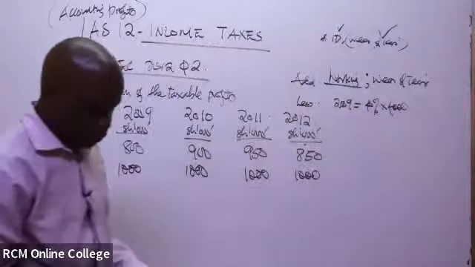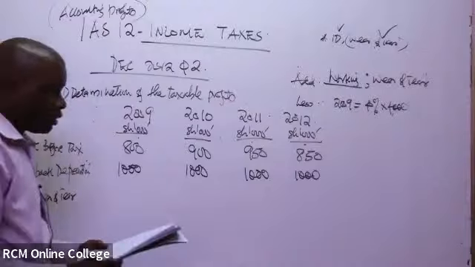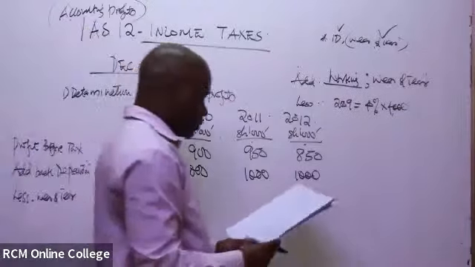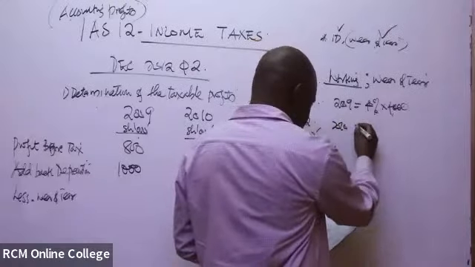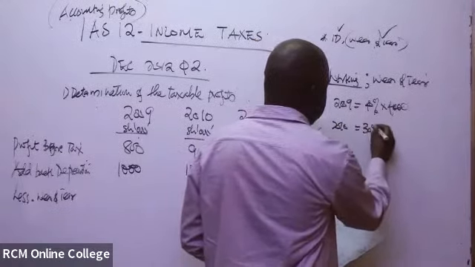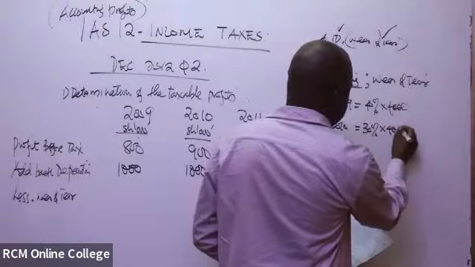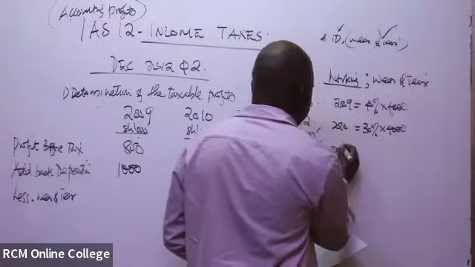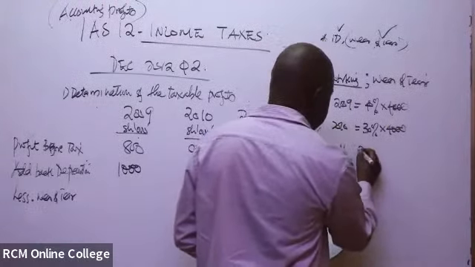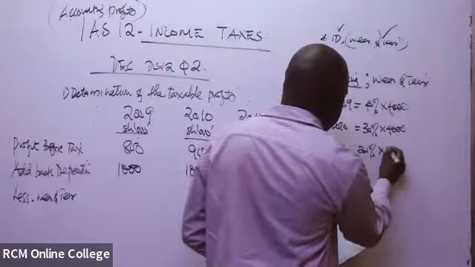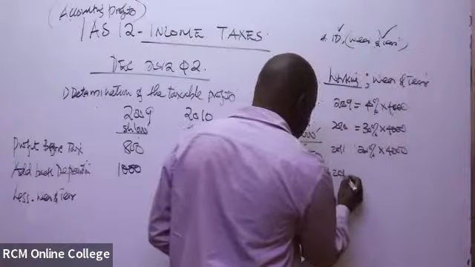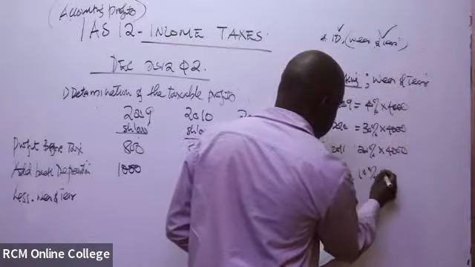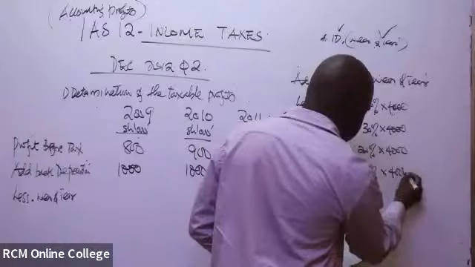In 2010, it was 30% of the cost of the asset. Then 2011, it was 20% of the cost of the asset. Then 2012, it was 10% of the cost of the asset.